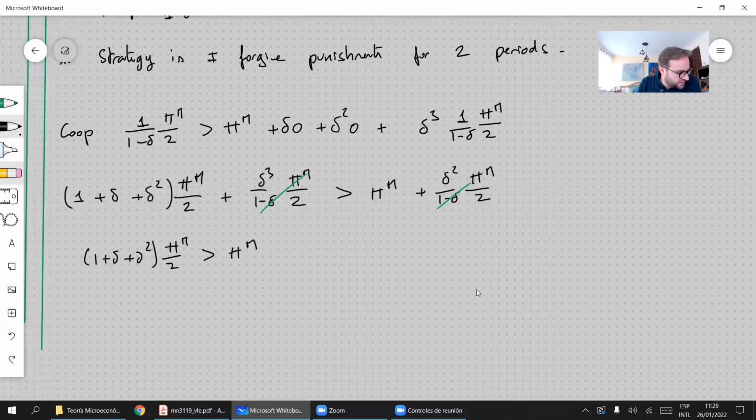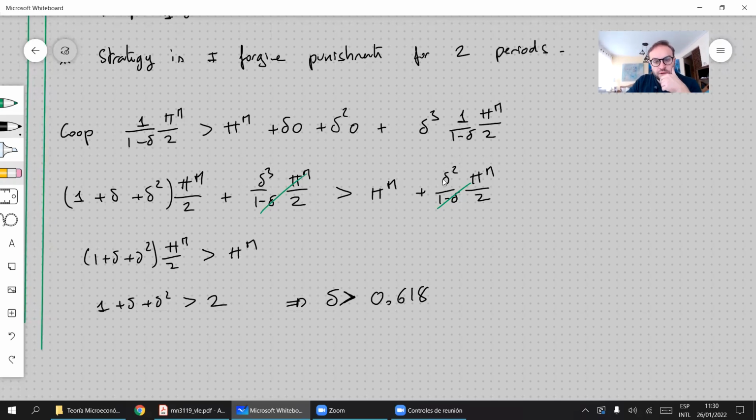Therefore I need to solve for 1 plus delta squared needs to be larger than 2, and so I have a quadratic. I should find two solutions, one negative and the other positive. I'm not going to do the math here. We can use a calculator if we want. What is important is that delta will need to be larger than 0.618. This is the example of the book.